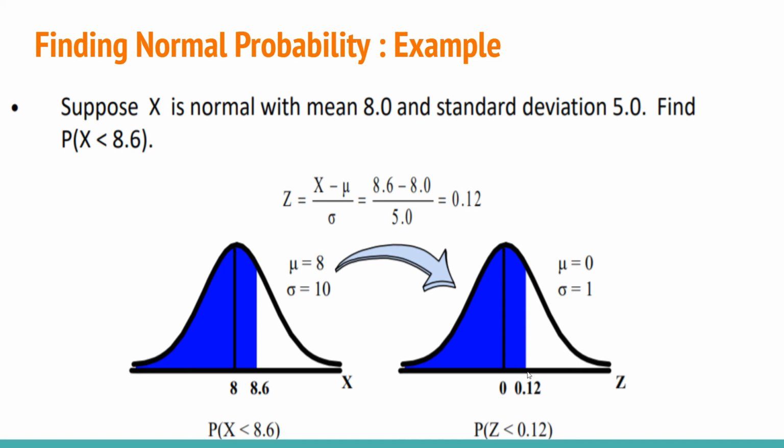So 0.12 is this one. The probability of z less than or equal to 0.12 is relatively easy to calculate, because this portion is already 0.5, which we know. Please remember this. We just have to calculate this particular portion only.